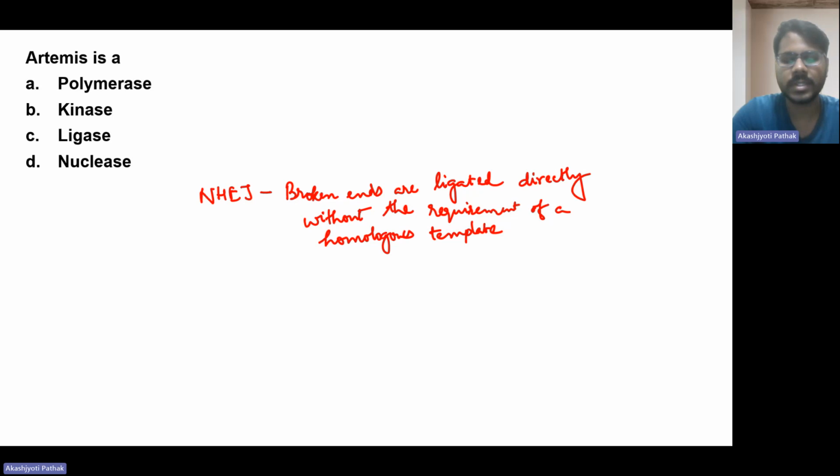Okay, so the answer for this question: just now we saw that it has nuclease property, Artemis. It has both exonuclease and endonuclease activity.